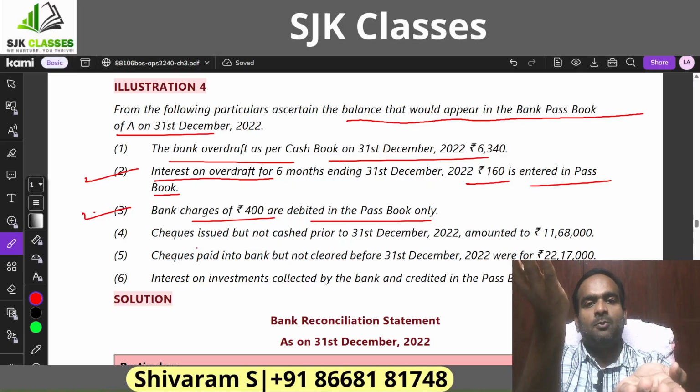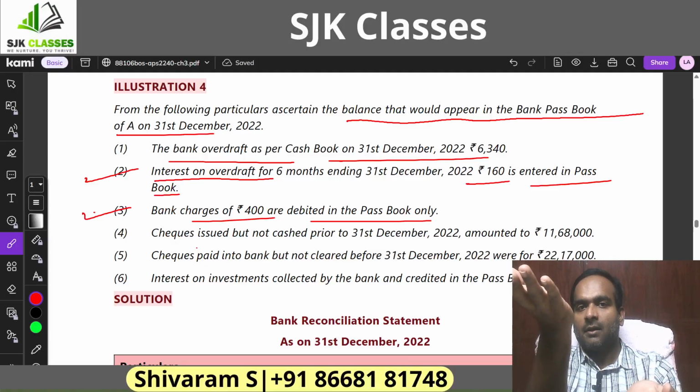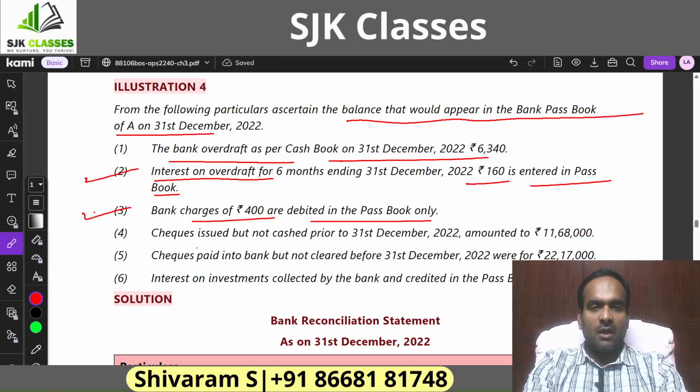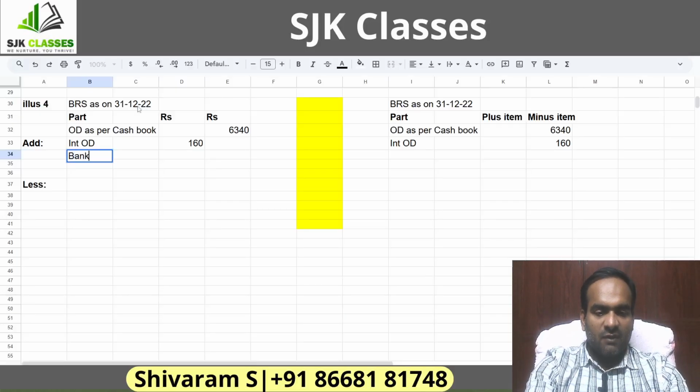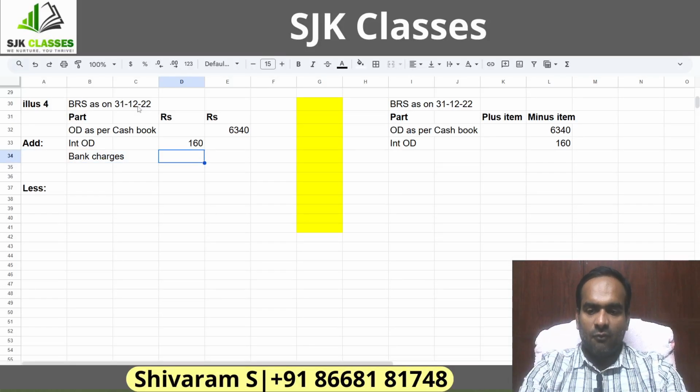And what about my cash book? In cash book, there is no impact. So cash book stays the same. For the transaction, you have moved your hand. For plus minus, what should you do? Always plus minus your left hand only. So to match with the right hand, you must increase your left hand. It's a case of addition. So bank charges will come under the add column. Amount will be 400.